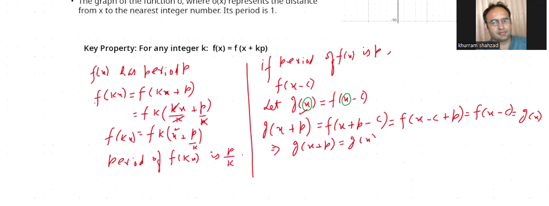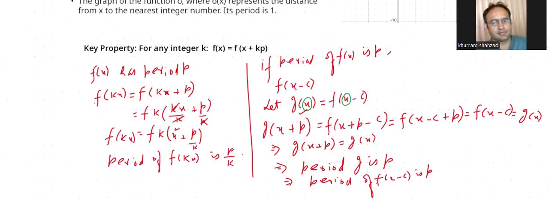So the period of g is p. Now what is g? g of x is actually f of x minus c. So the period of f of x minus c is p. So these are two important results, this one and this one.